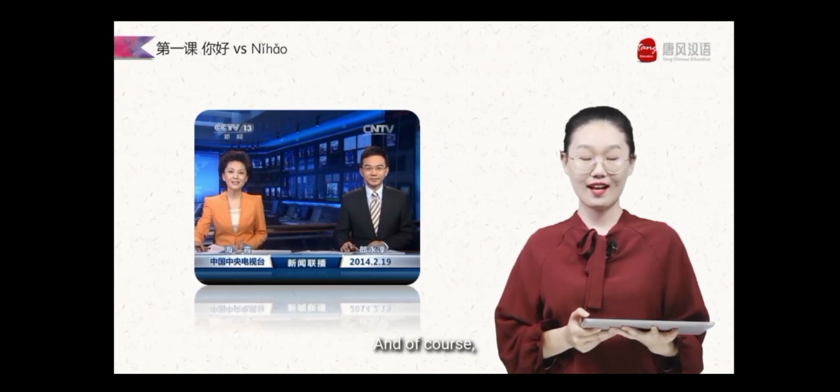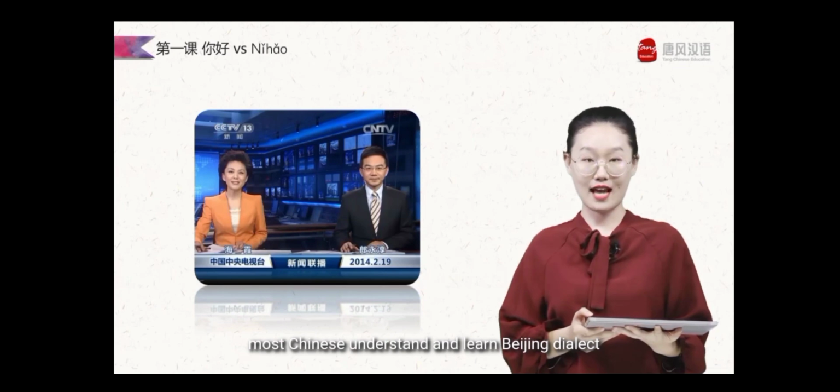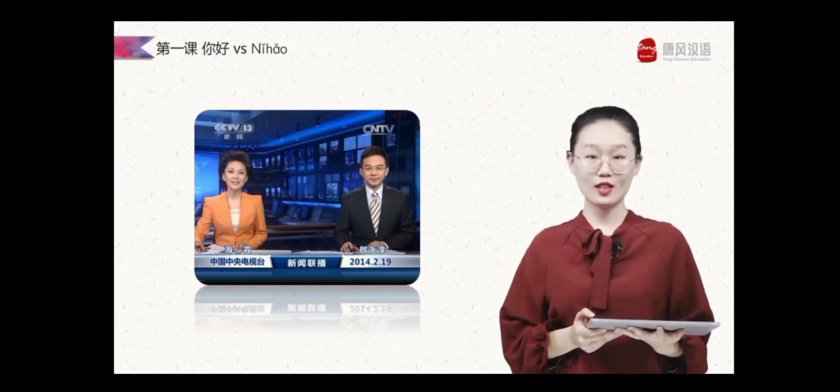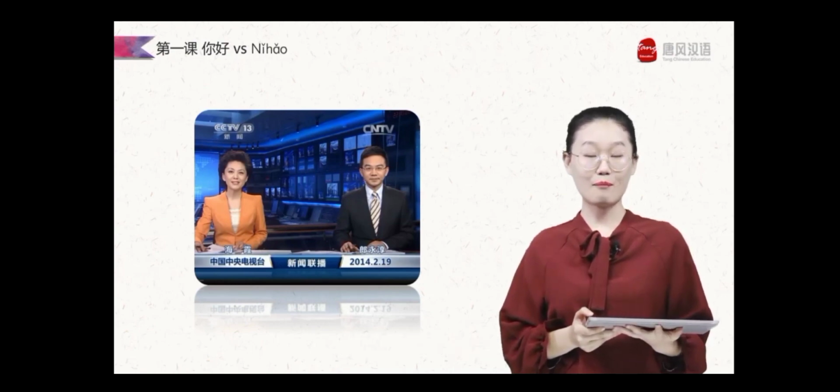And of course, another reason is that most Chinese understand and learn the Beijing dialect easily with only 4 tones. Surely, the vocabulary of Mandarin comes from all over the country, but mainly from the northern dialects, because some of the words spoken by the southerners are hard to pronounce in Mandarin.